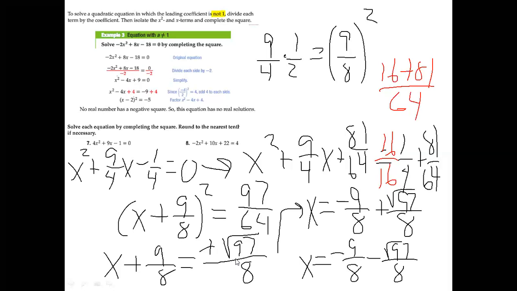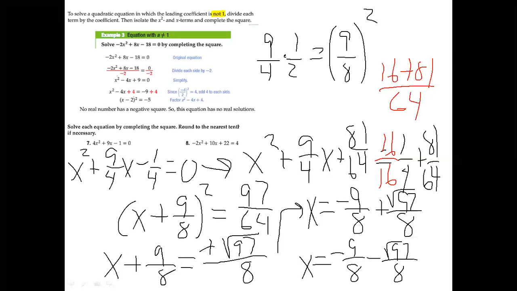Okay. Now, if you're going to get the decimal form, be very careful when you enter these into your calculator, okay? Because you can really get lost in the calculations. If you have any questions about how to do that, how to put those into the calculator, please let me know. For this one, negative 9/8 plus square root of 97 divided by 8, you would get 0.01.